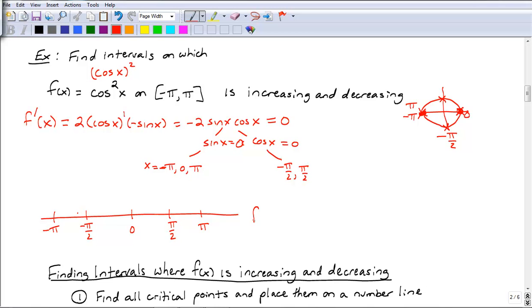And I'm plugging these into the derivative, which is negative 2 sine x cosine x. Well, when I plug points in, it can help to think about the unit circle as well. A point between negative pi and negative pi over 2. And we know at the pi over 4 points, we get root 2 over 2 when we plug in sine and cosine for any 45-degree reference angles.